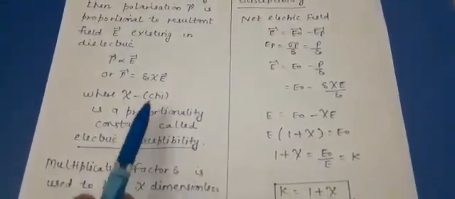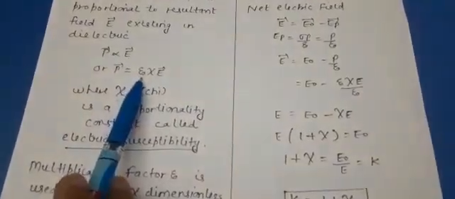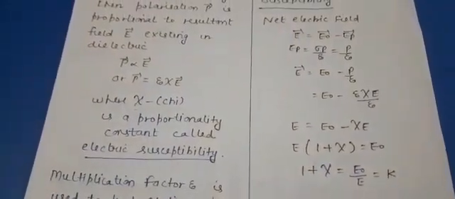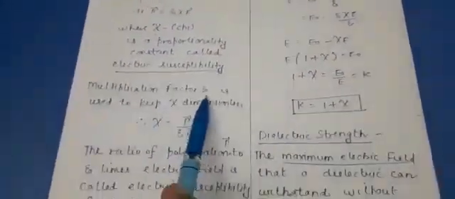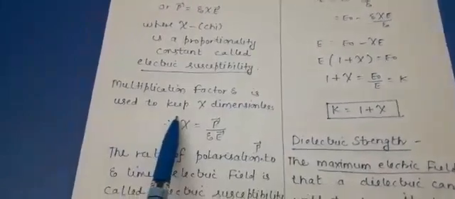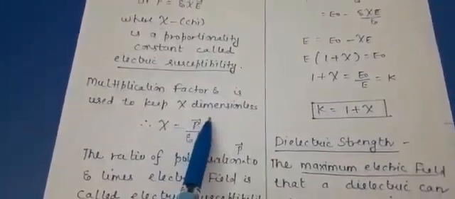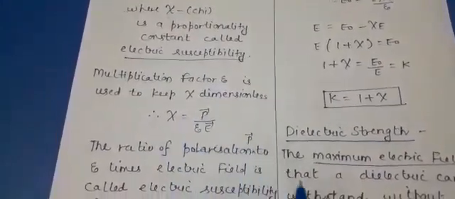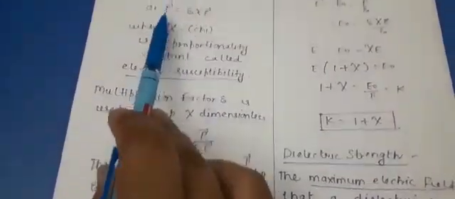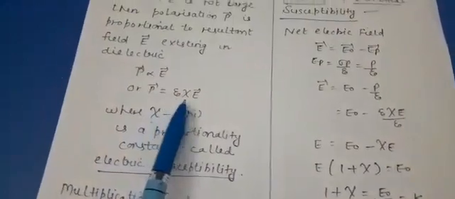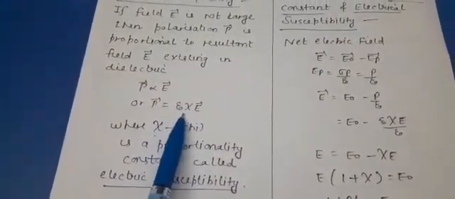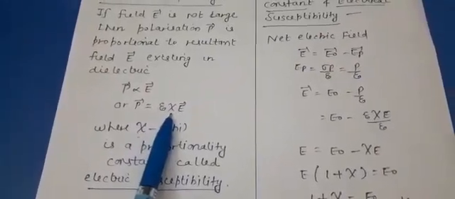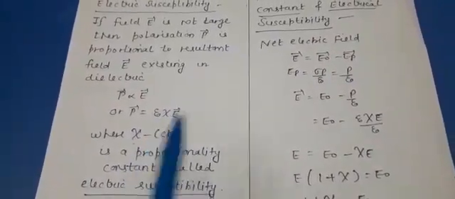Now why has this epsilon naught factor been used here? Basically, the multiplication factor epsilon naught is used to keep the electrical susceptibility dimensionless. So we have taken polarization P equal to epsilon naught chi into E. Although chi is a constant, this product is made so that chi is dimensionless.